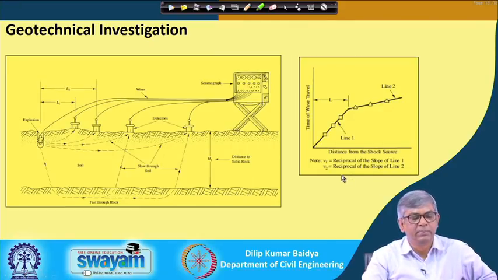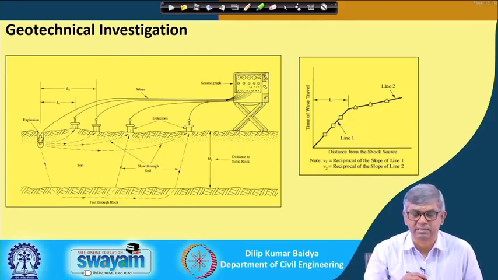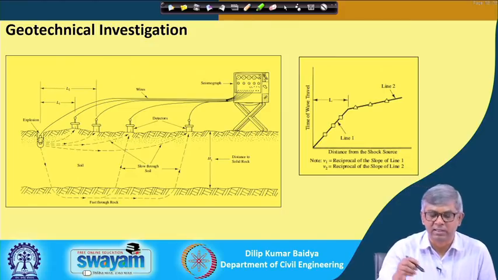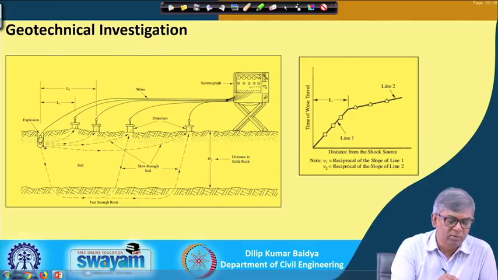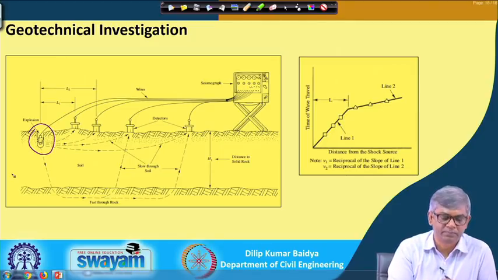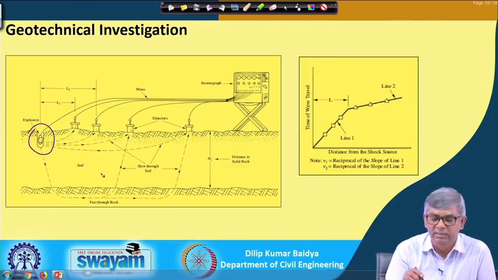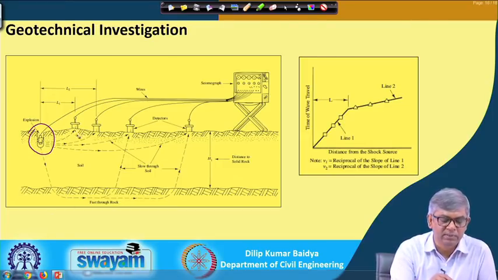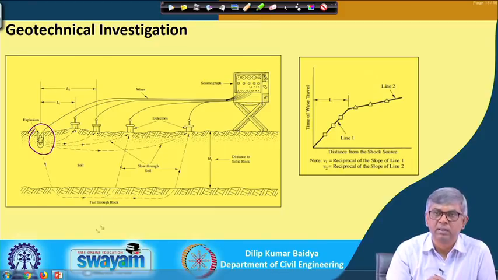So, the seismic diffraction survey, as I have mentioned, the testing method is like this. There will be an explosion or a source that generates waves, and the waves will move in different directions, of course. A number of receivers are kept, and the soil may be stratified.